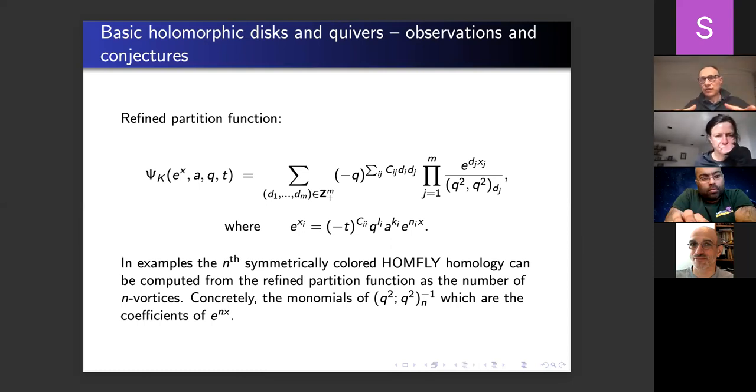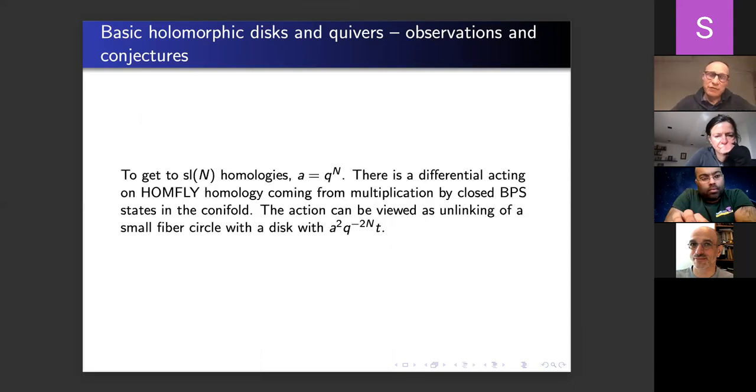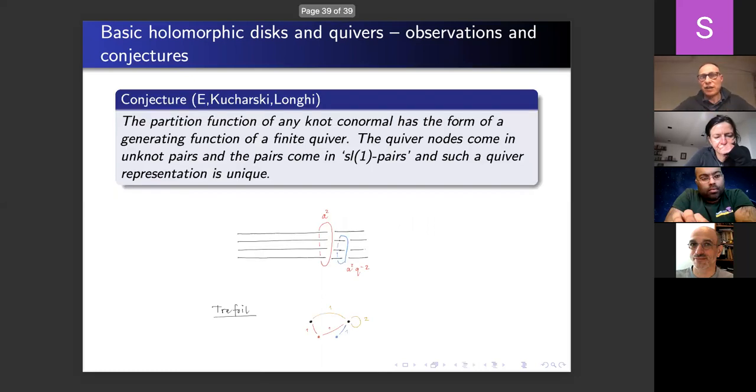You expand it in that, you get some integer numbers, and those should be the generators of this homology. Of course, this is inspired by many people. It seems that this refined function knows the HOMFLY homology, and there should be a differential giving the SL(N) homologies. Let me maybe not detail that, but come to this last structural theorem.